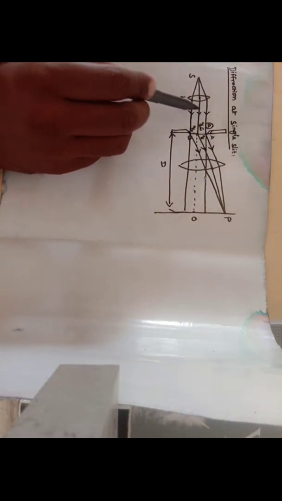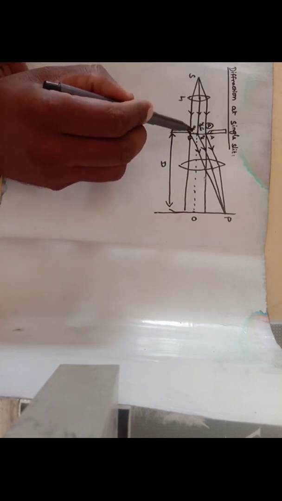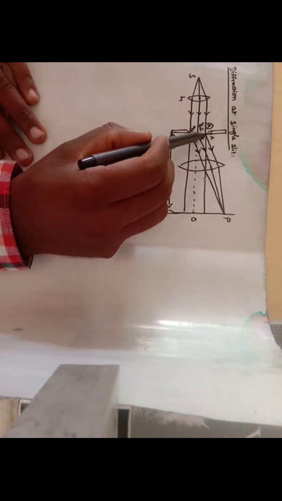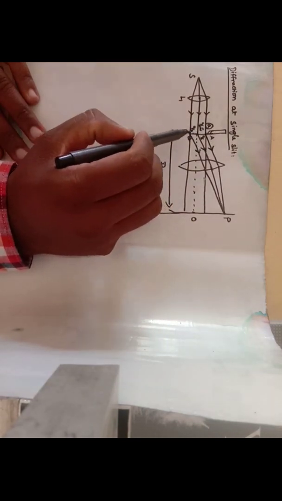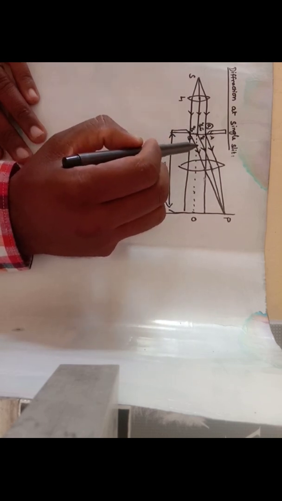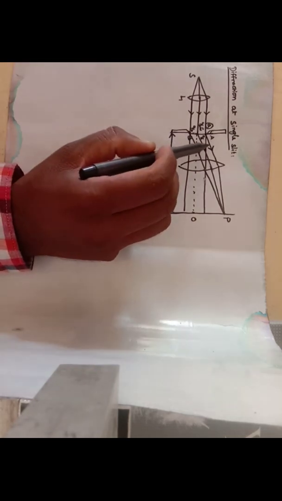This incident light is one of the parallel beam that is incident on the slit. It also produces a diffracted beam, and the diffracted beam from the different points of the slit is also treated as a parallel beam.